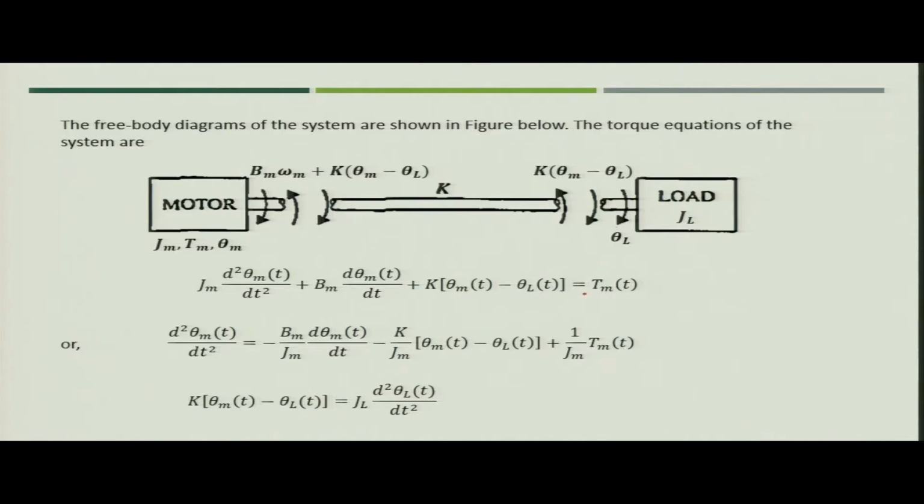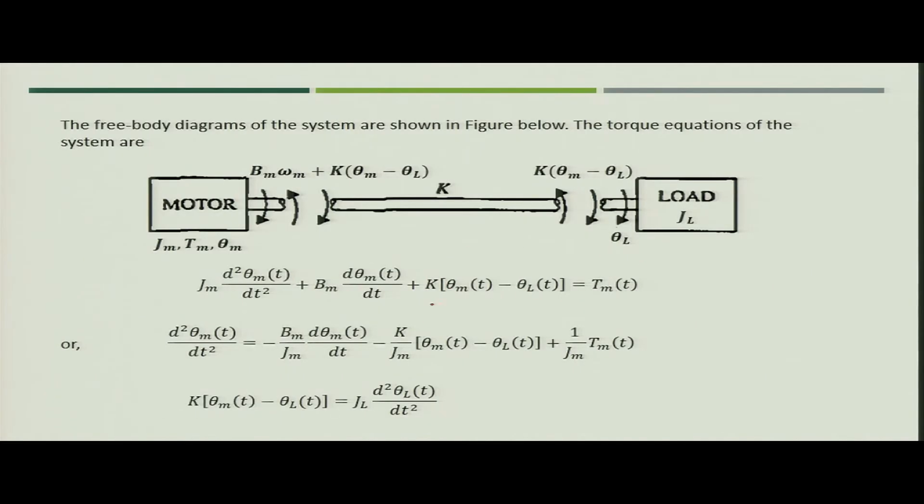So, you can write that the torque reflecting at the output of the motor, Jm d2 theta m by dt2, equals Tm minus the viscous friction coefficient multiplied by the angular velocity. This is your viscous friction torque, that is Bm d theta m by dt. Similarly, for the torsional spring you will have torque as K times (theta m minus theta L).